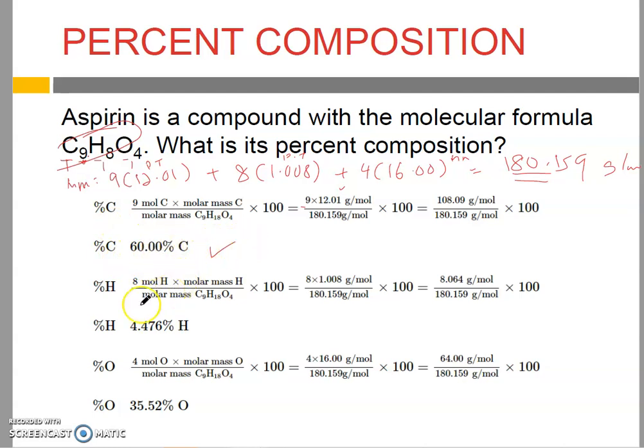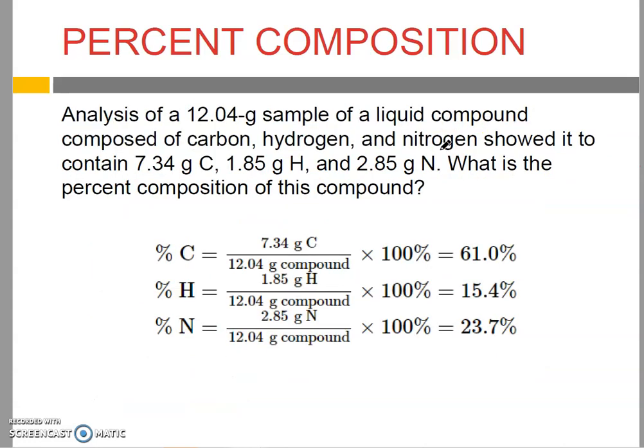Then try to get the answer for hydrogen and oxygen, using the formula: number of moles times its RMM, for O 16, over the total, times 100%. Then you get the answer.